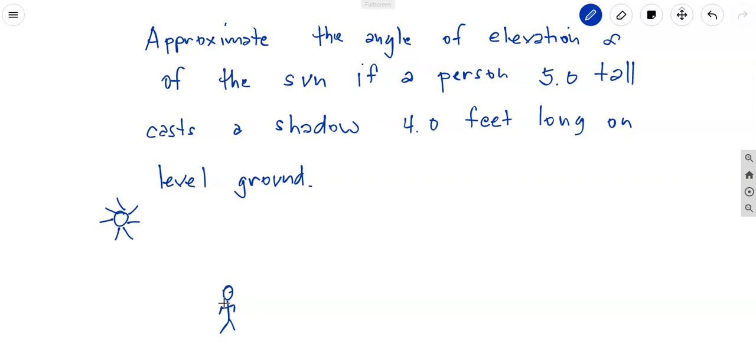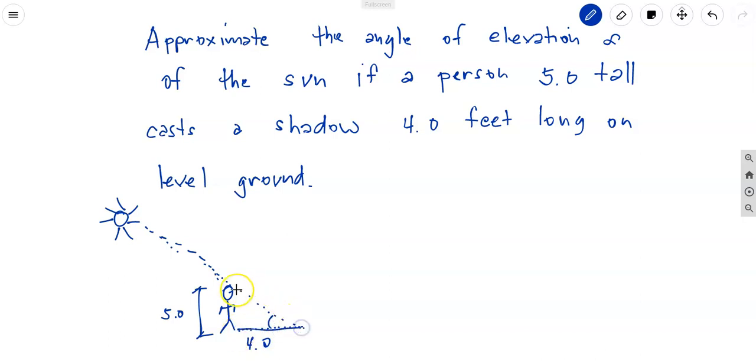It says that it casts a shadow. The height of the person is 5.0 or 5 feet, and this one will cast a shadow of 4.0. So you'll try to find this out.